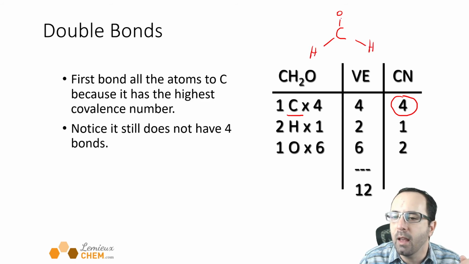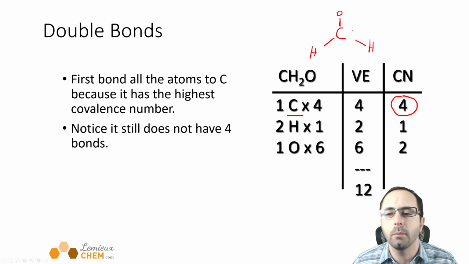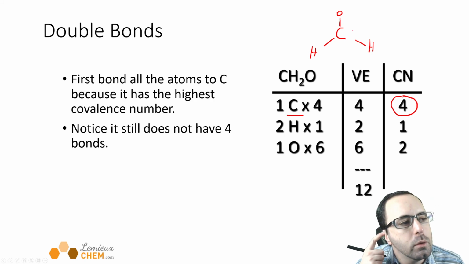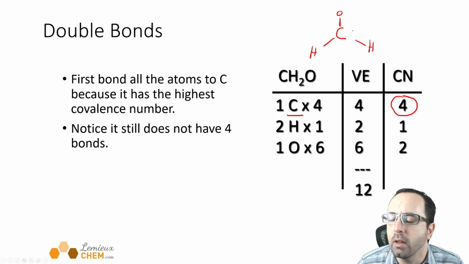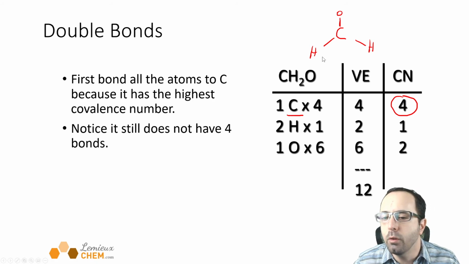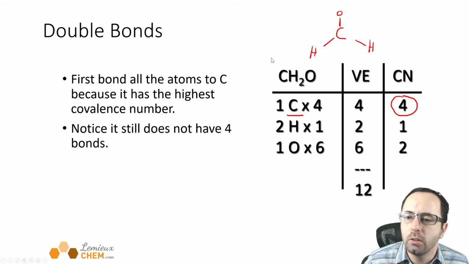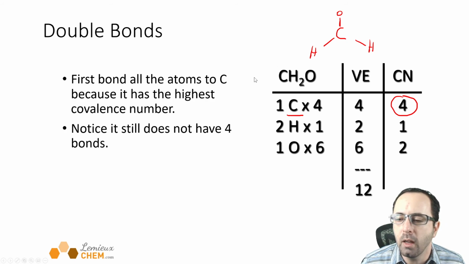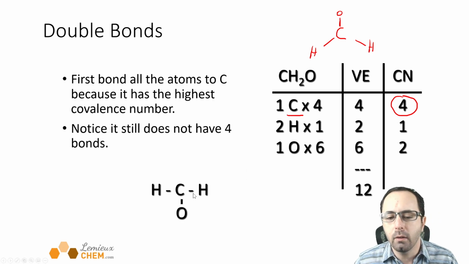And I'm doing this because I happen to know the way these atoms are arranged, but we actually use the Lewis structure to figure that out. So I had 2 hydrogens, so I attached 2 hydrogens to my center atom, the carbon. And I have 1 oxygen, so I attach 1 oxygen atom to my center atom, the carbon, and that's my skeleton structure. Now notice, down here on the slide, I drew it with the oxygen atom facing down.